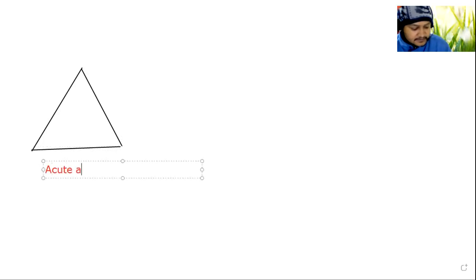If all angles are less than 90 degree, then this is an acute angled triangle.